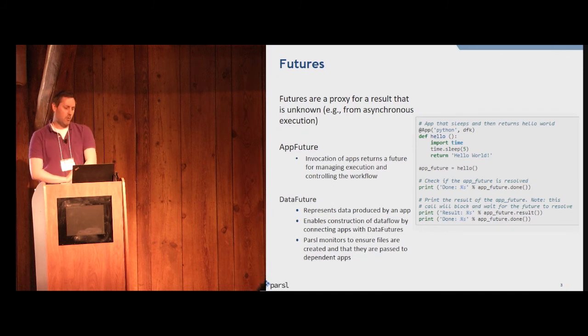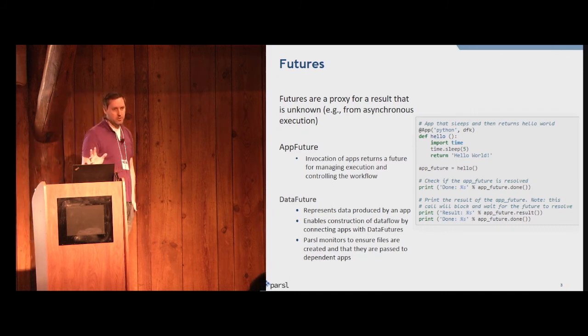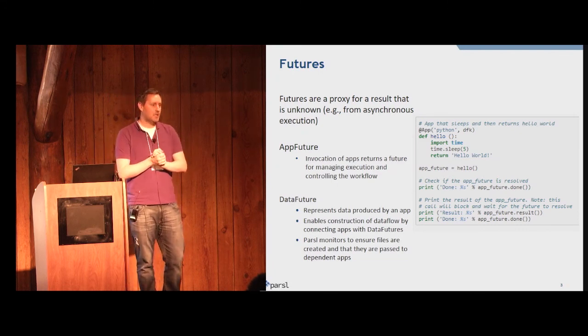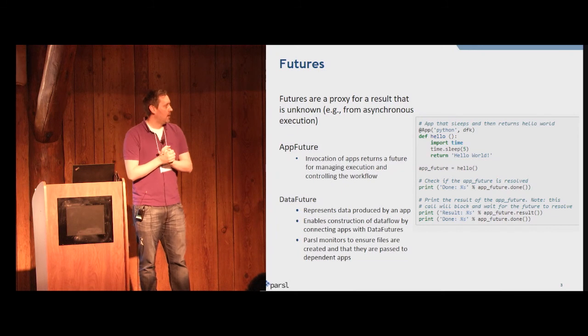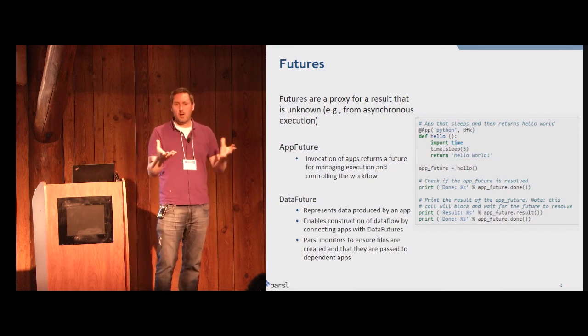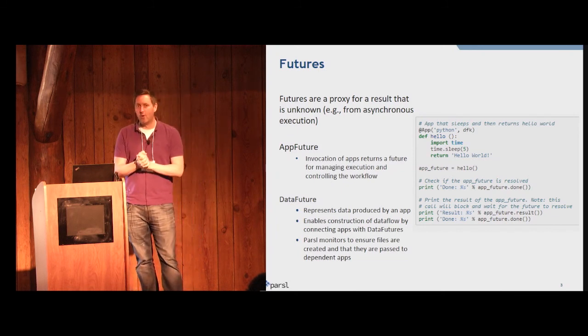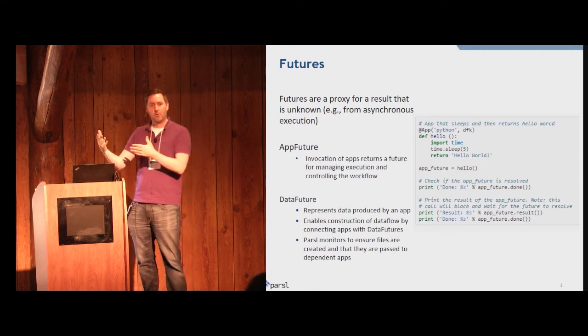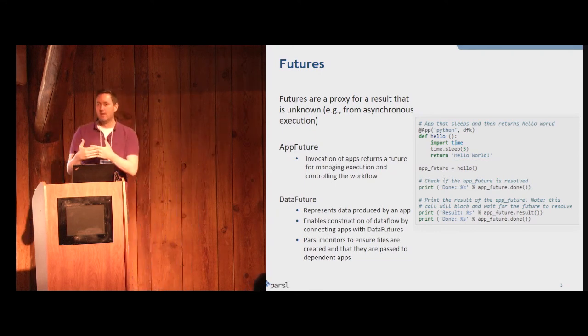As I alluded to there, one of the big building blocks on which Parcel builds is the idea of futures. I'm sure many of you have seen futures and promises in the past. The idea is that a Parcel app returns a proxy for the result. So we don't know when we first invoke it what that result's going to be. We just know that at some point when that's executed, it'll be filled in.